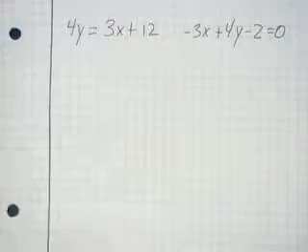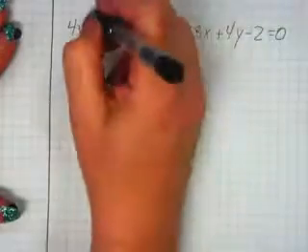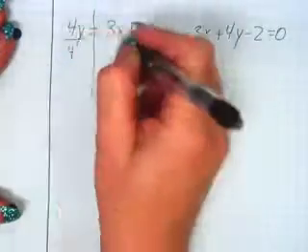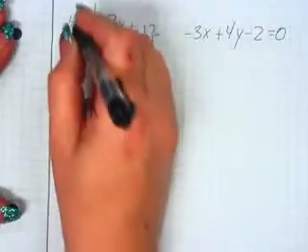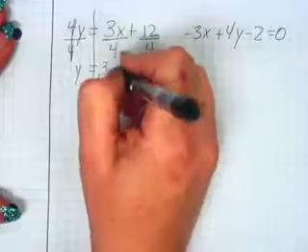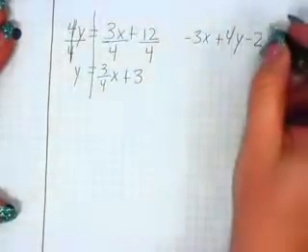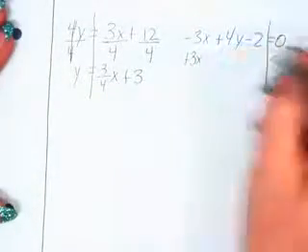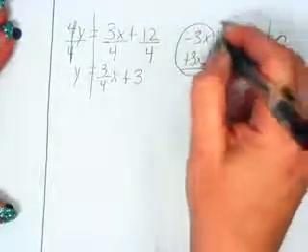So now we need to see if these lines are perpendicular. Again, we want to get into y equals mx plus b. Draw our mirror. It's 4 times y, so the opposite is division. So here we have y equals 3/4 x plus 3. Over here, get the y by itself. Let's add 3x to both sides. That gave us the 0 we were hoping for.